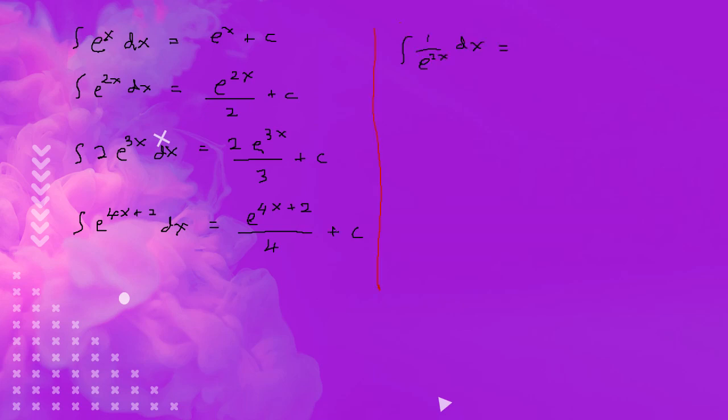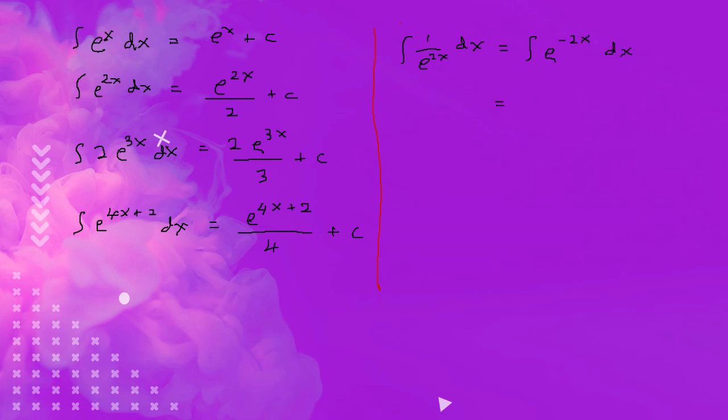Alright, next, integrate 1 over e to the power of 2x dx. So this is a rational function, so we need to adjust this function to a polynomial function. So we can write the integration of e raised to the power of negative 2x dx. So now we can integrate.